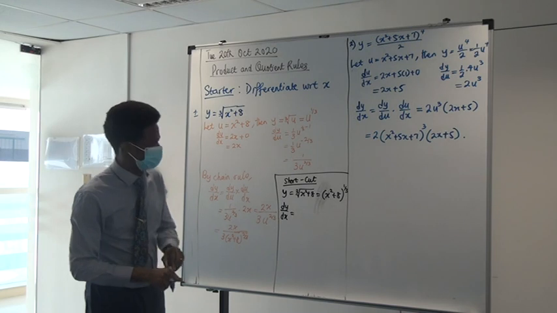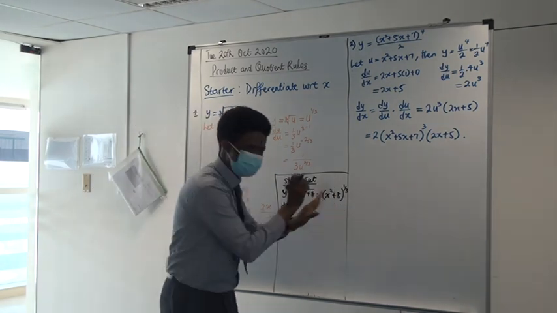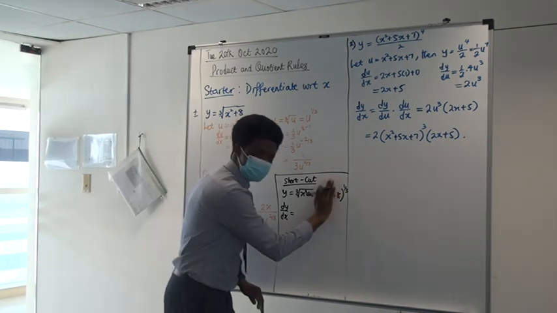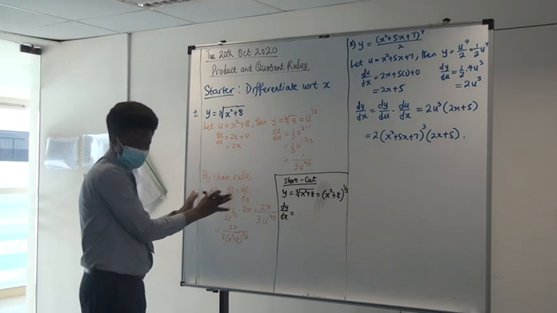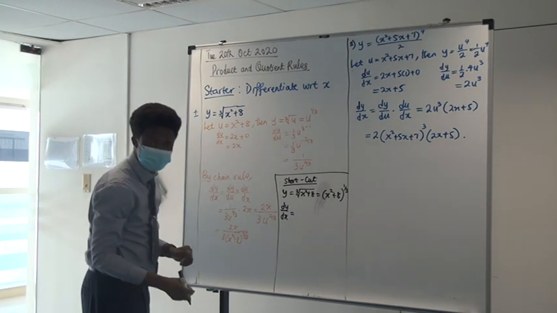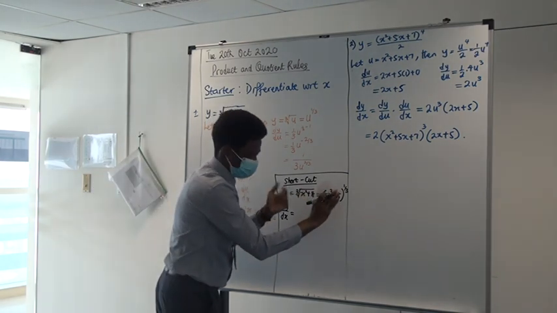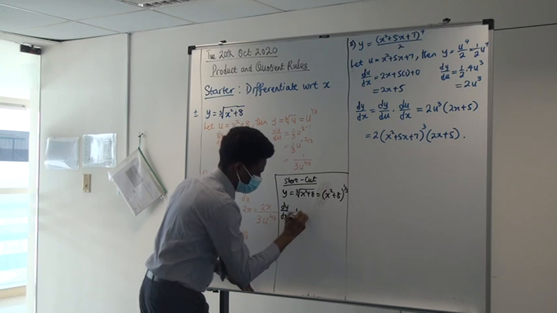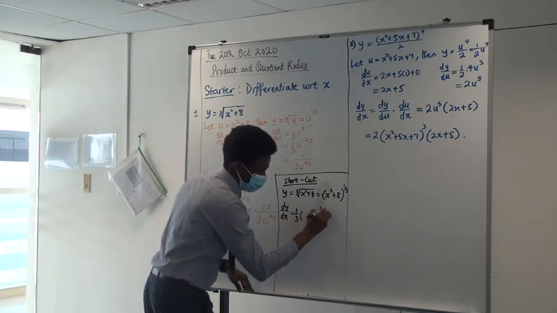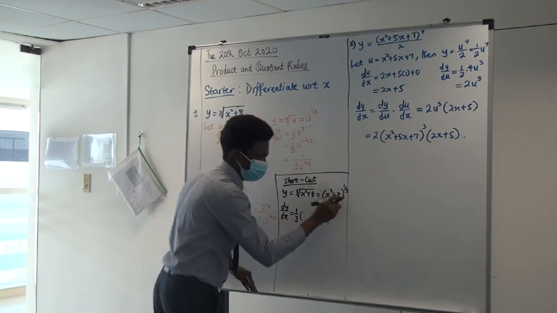The first thing you need to do is pretend this is covered and it is one variable x. Again, pretend everything here is one variable x, which is actually what you did when you assumed it is one variable. So pretend it is one variable, now differentiate the way you see it. So it's going to be 1/3 of that variable raised to power 1/3 minus 1. Then you multiply by the derivative of that variable.